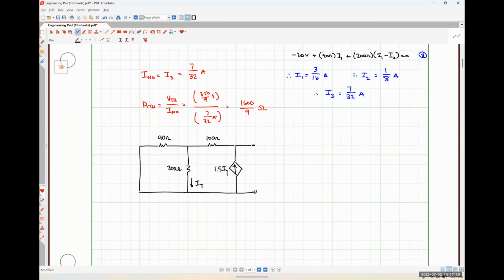Here's IY again. And for this circuit, our choice of test source doesn't particularly matter. It's not going to make anything any easier regardless of which kind of source we use. So I'm just arbitrarily going to use a 1 volt source over here.